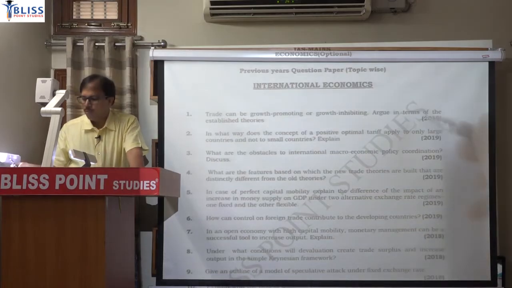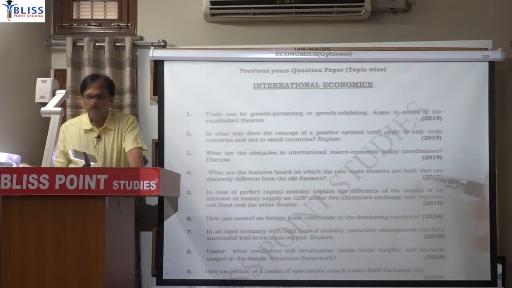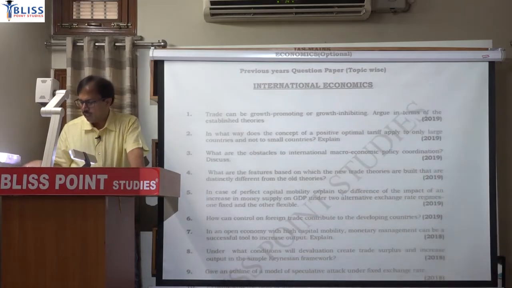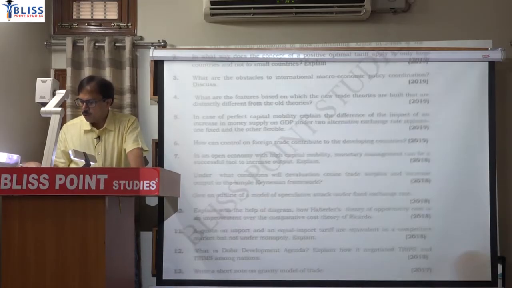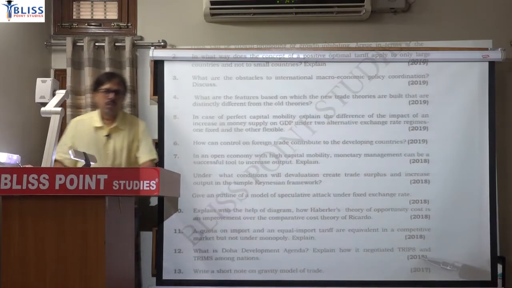Approximately if you add, it will be around 100 marks or sometimes more than 100. So just consider that 100 marks of questions are from international economics, at around 6 or 7 parts, and it is not only in 19, in 18 also, 1 question, 2, 3, 4, 5, 6. So again 6 questions there. So usually the weightage of international economics is around 6 questions.